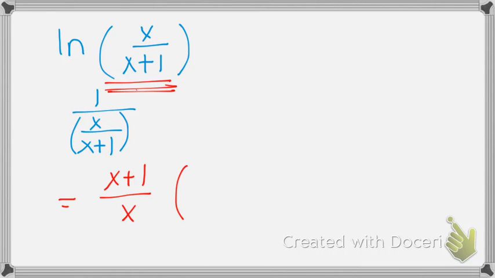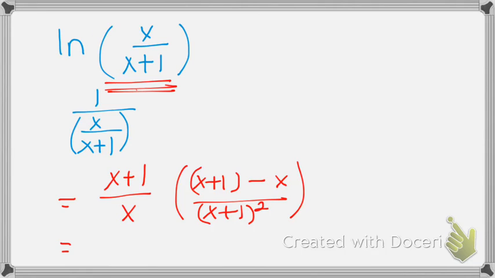Quotient rule. Good. So bottom times derivative of the top, which is 1, minus top times derivative of the bottom, which is 1, over the bottom squared. You see anything you could do? So I could do x plus 1 minus x, that gives me 1, right?